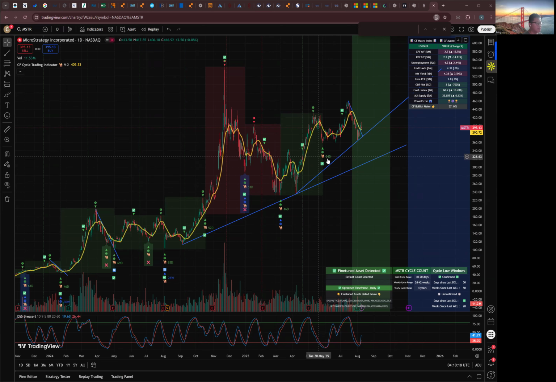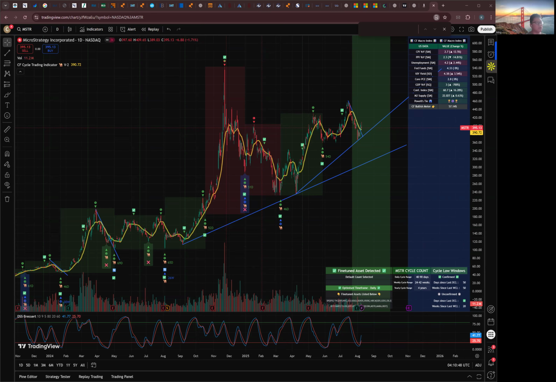You'll see this green little camel over here, a green window, and secondly, what we call the weekly cycle lows, which is a chain of 3 to 5 daily cycle lows. This is chained together into a weekly cycle low that's marked in blue here in a cute camel indicator and a blue window that projects out the future weekly cycle low.